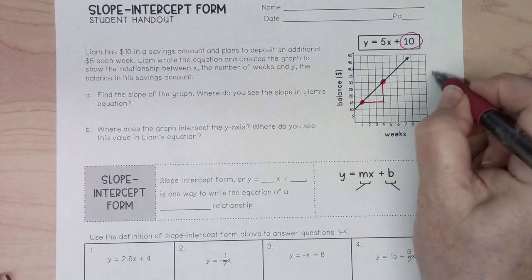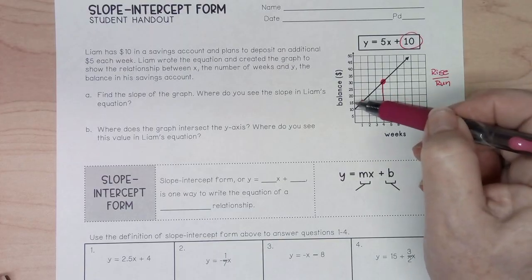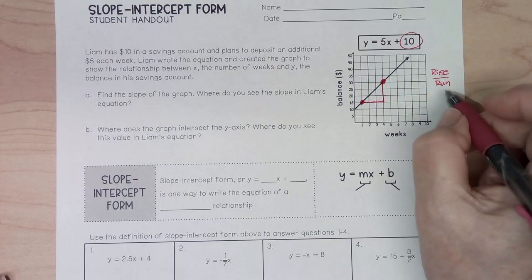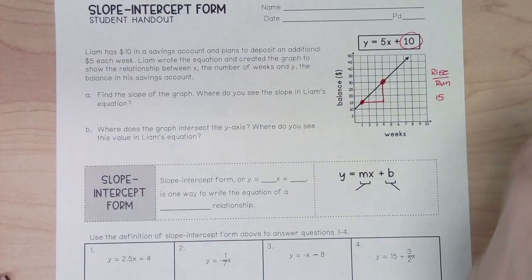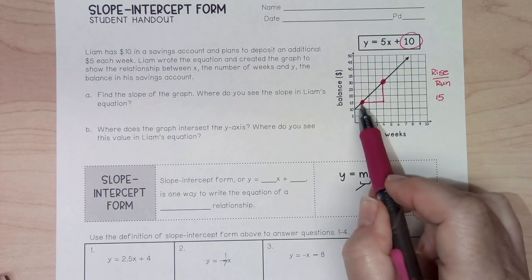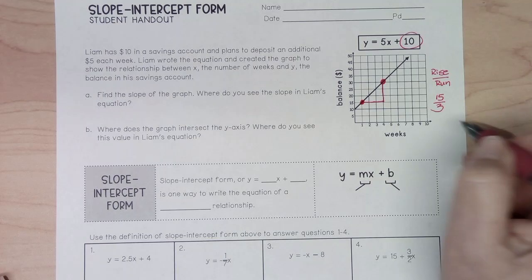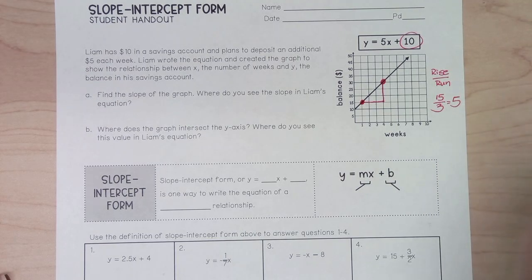And remember, rise over run. So my rise, my scale goes by fives. So 5, 10, 15. So my rise is 15. My run it goes by ones. So it goes by 1, 2, 3 over 3. So my slope is 5.